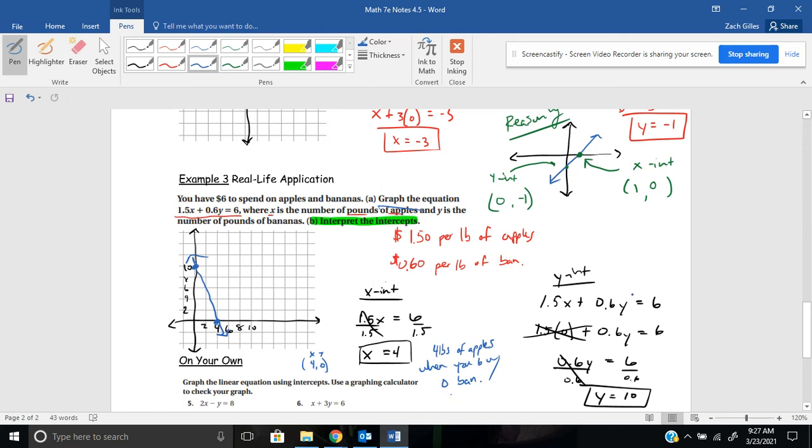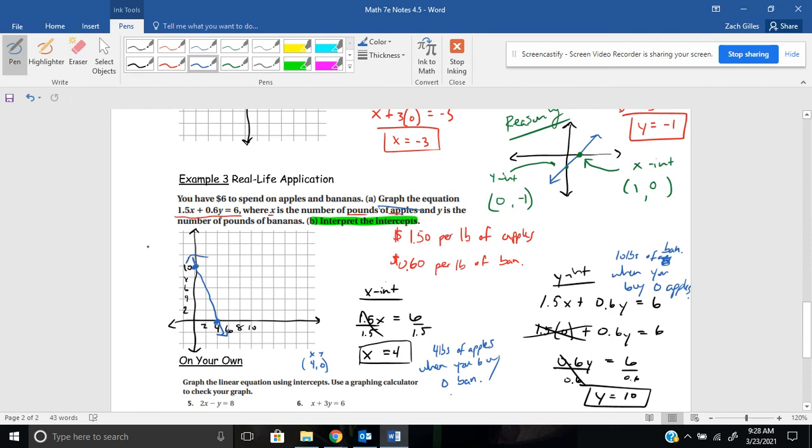And likewise, I can say the same thing for bananas. The y-intercept shows that you can buy 10 pounds of apples, or excuse me, bananas, when you buy 0 apples, right?